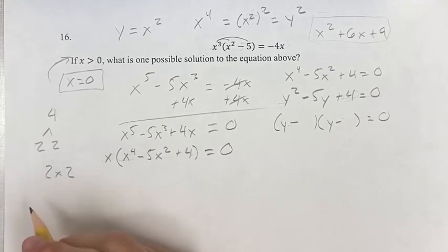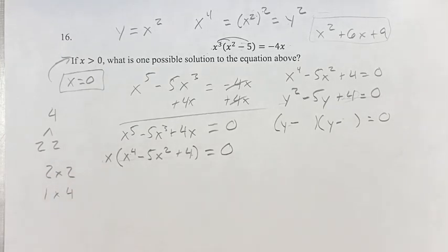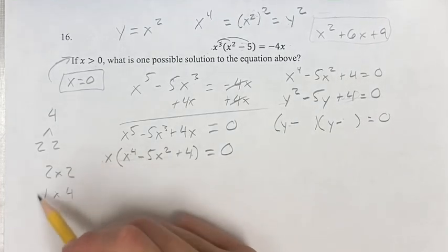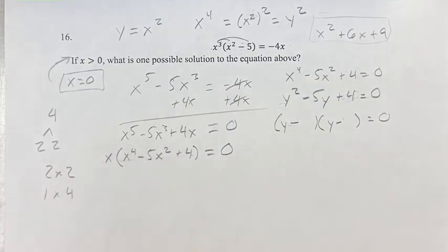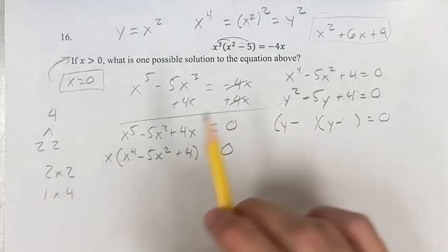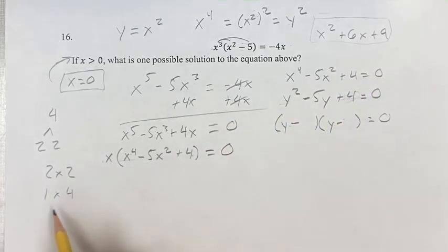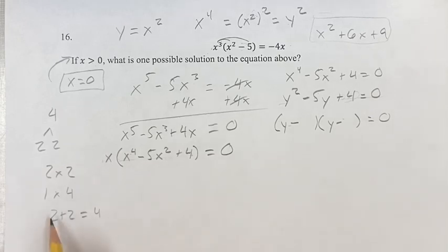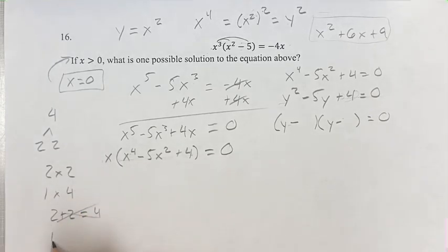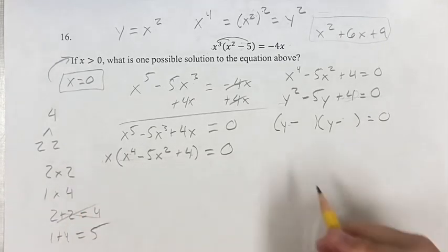And then obviously for any number, 1 times itself is equal to 4. So these are our two possible pairs of factors. Only one of them will add to 5. If we just check, we have 2 plus 2, that equals 4, so that's no good. And then 1 plus 4 is equal to 5, so that is our answer.